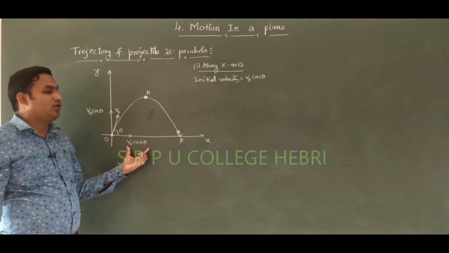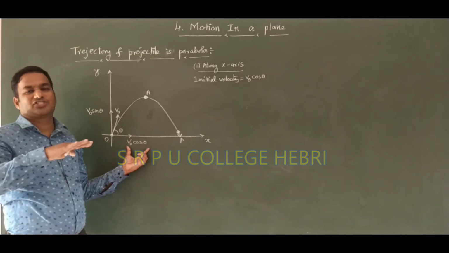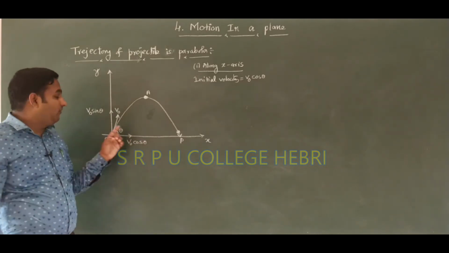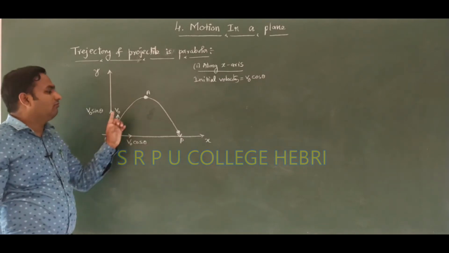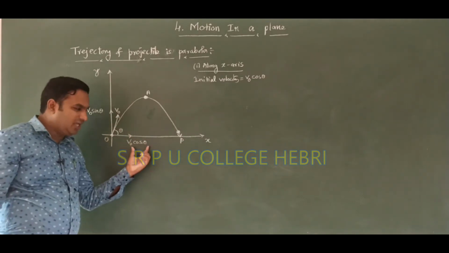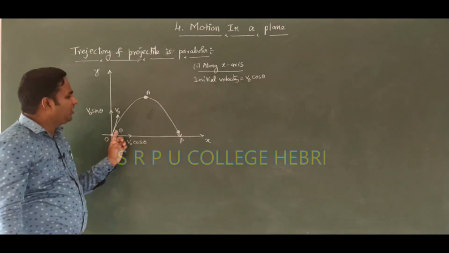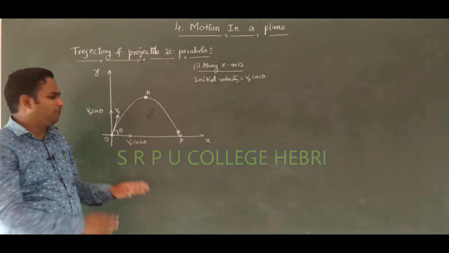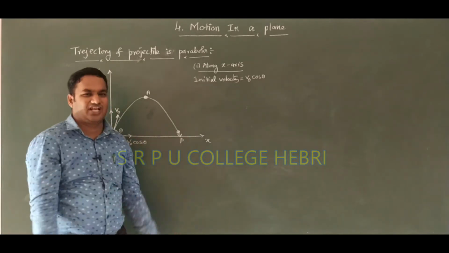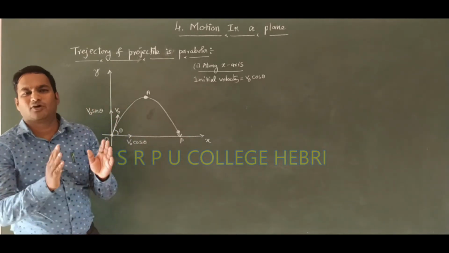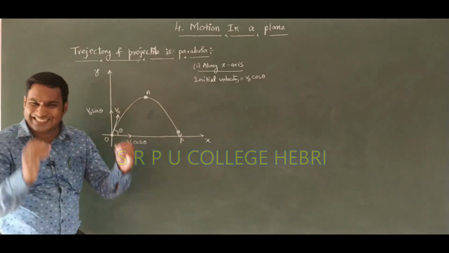The value is fixed, velocity is not going to change. If velocity at point O is V naught cos theta, velocity at point P is also V naught cos theta. At every point along x-axis, the horizontal component of velocity is V naught cos theta itself.